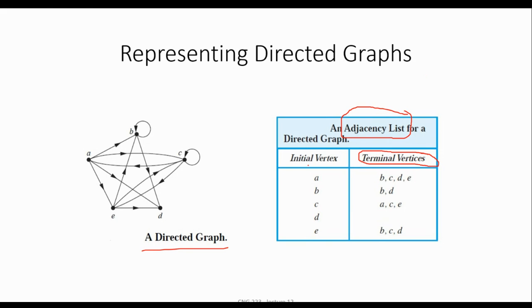So what does it mean? It means that A is connected to B, C, D, E, but this is one direction. It means that from A, I go to B. From A, I go to C. And in case there is a return, it should be specified in another row.